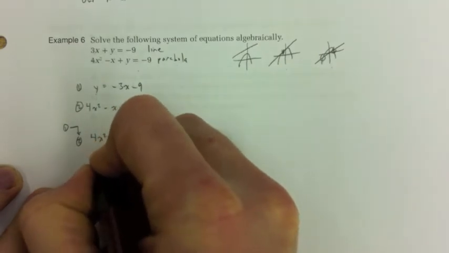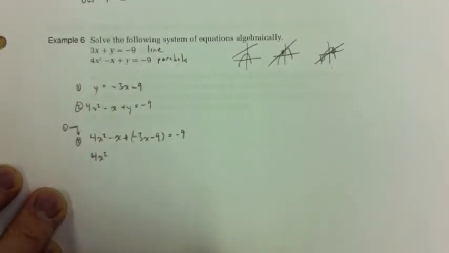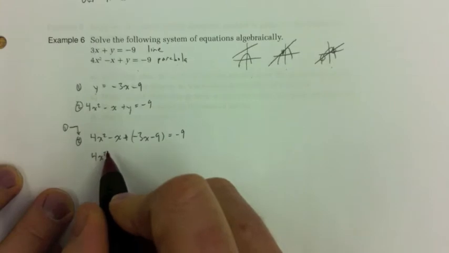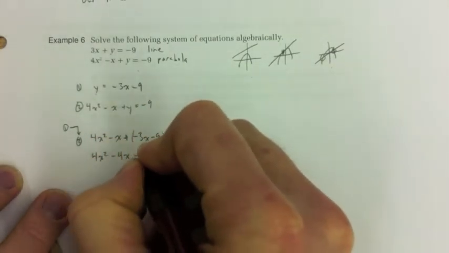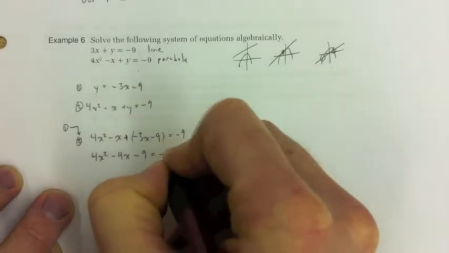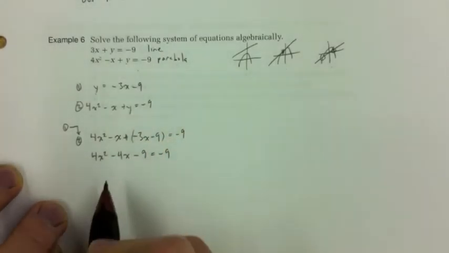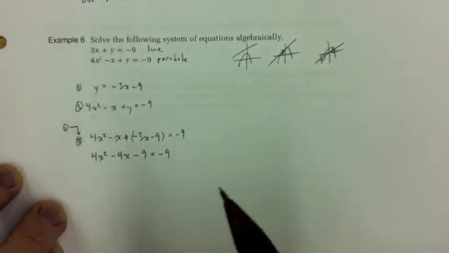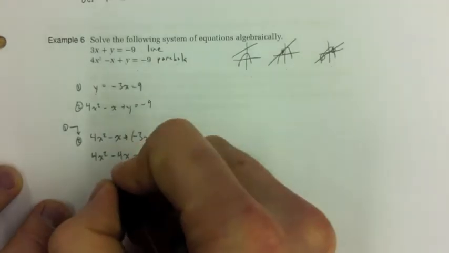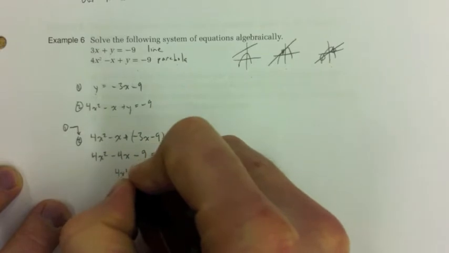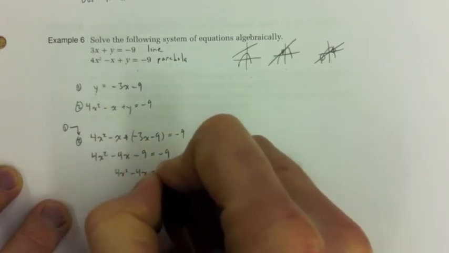And so now we can treat this as a simple quadratic equation. We've got 4x squared minus 4x minus 9 equals negative 9. This is a quadratic equation, so we have to make it equal to 0 in order to solve it. Adding 9 to each side, we get 4x squared minus 4x equals 0.